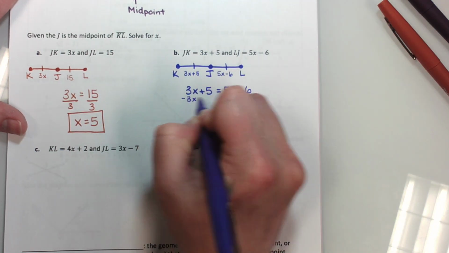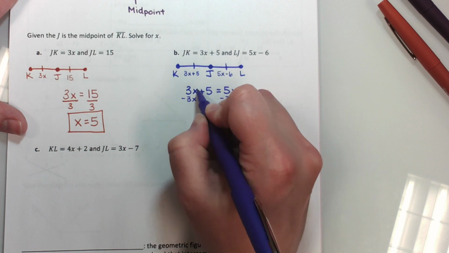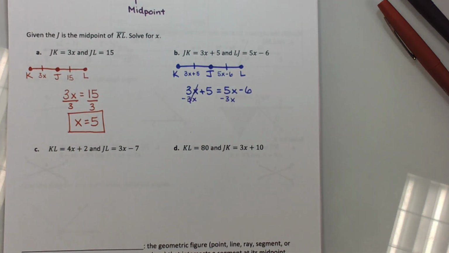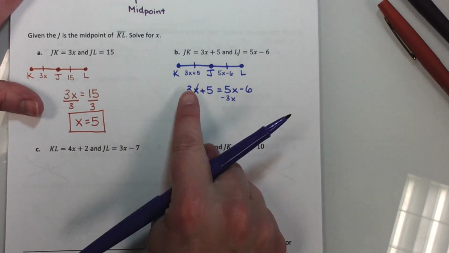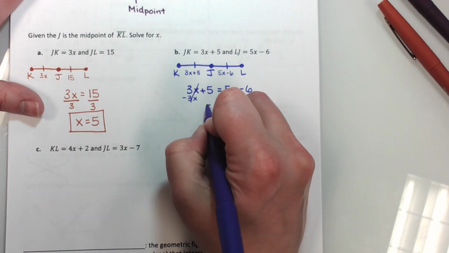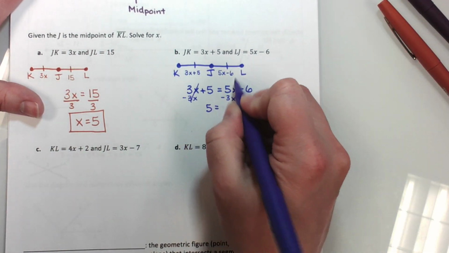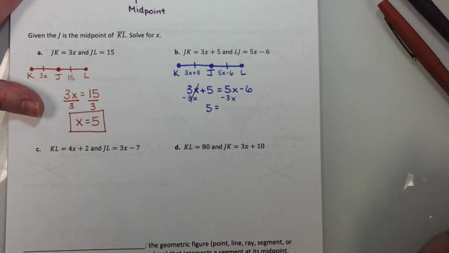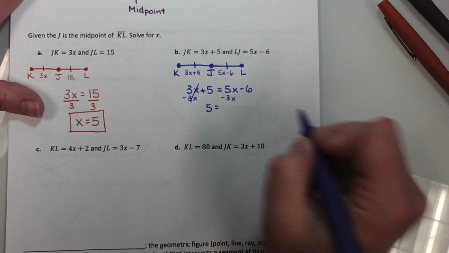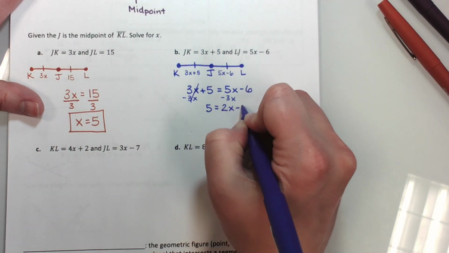Subtract the 3x first. Move the x's together first. That's one thing I've noticed is messing with some of y'all. You're moving the plain numbers together first, which while it works, it can cause issues in certain cases. Move the x's together first. If they're positive, subtract them over. If they're negative, add them over. What is 5x minus 3x? 2x.